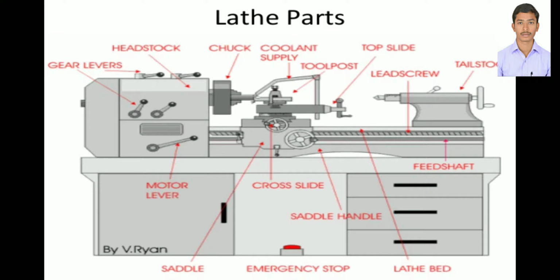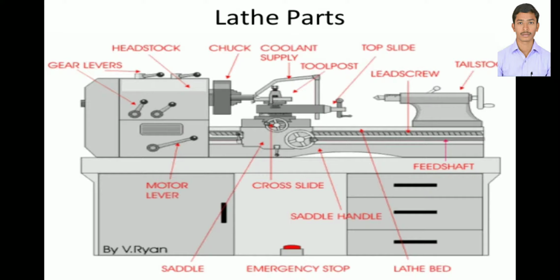You can see in this lathe machine there are different parts: headstock, tailstock, chuck, coolant supply, tool post, top slide, lead screw, feed shaft, cross slide, saddle handle, motor lever, saddle, emergency stop, lathe bed and arbor.